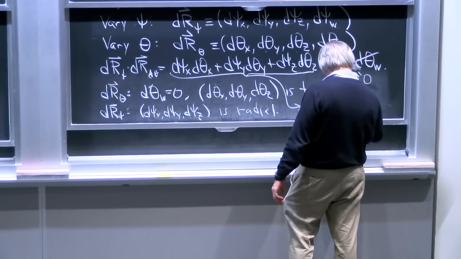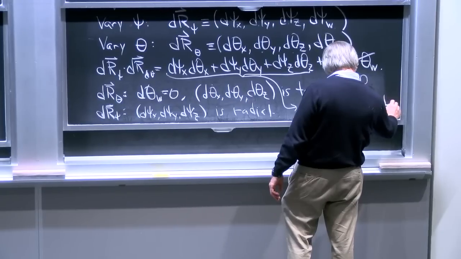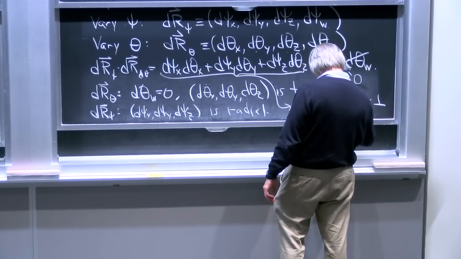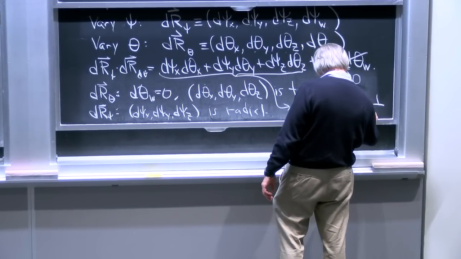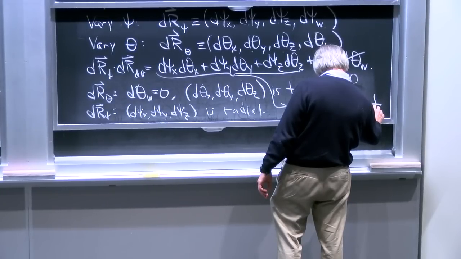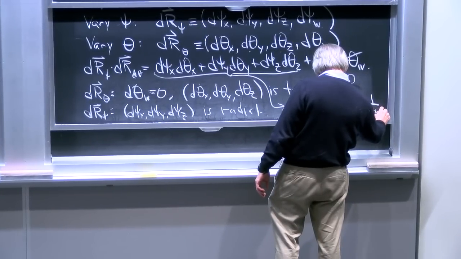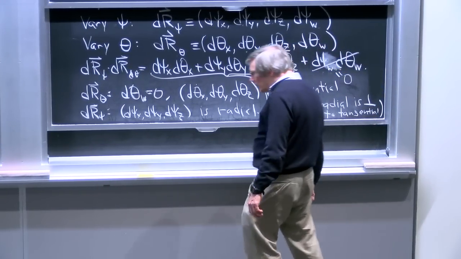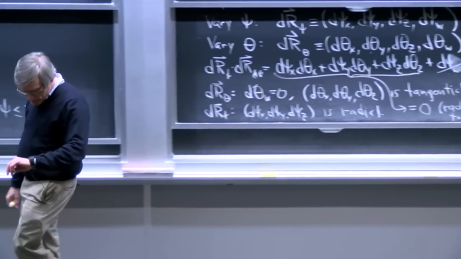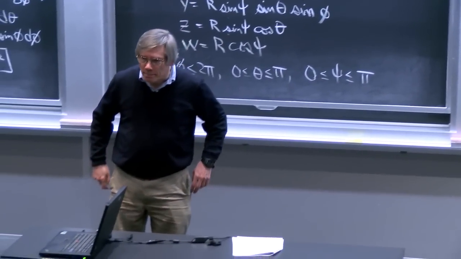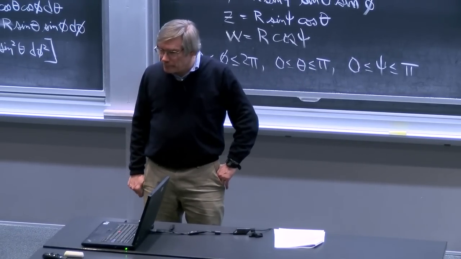And that's because radial is perpendicular to tangential. OK, everybody happy with that?